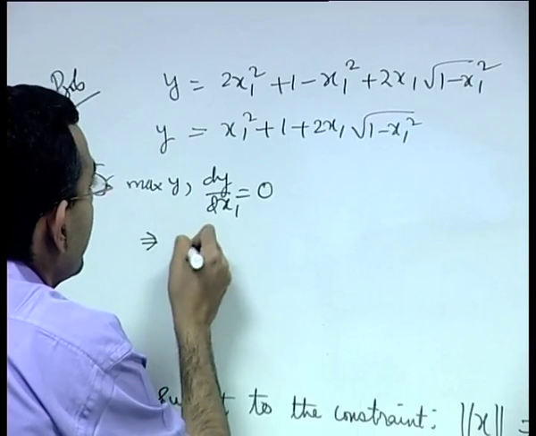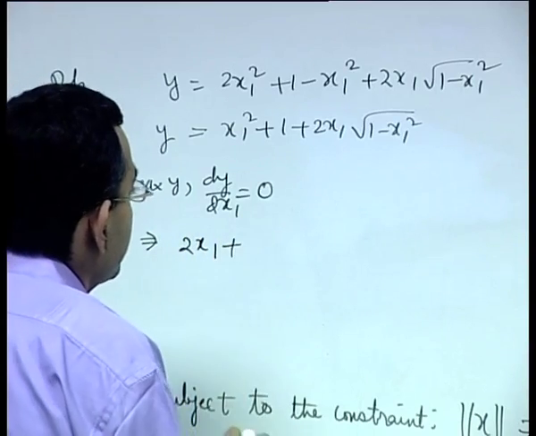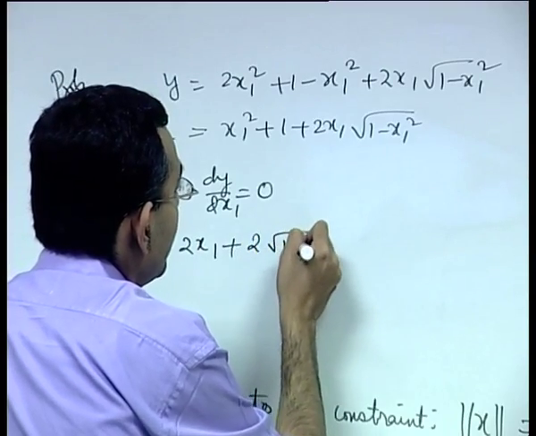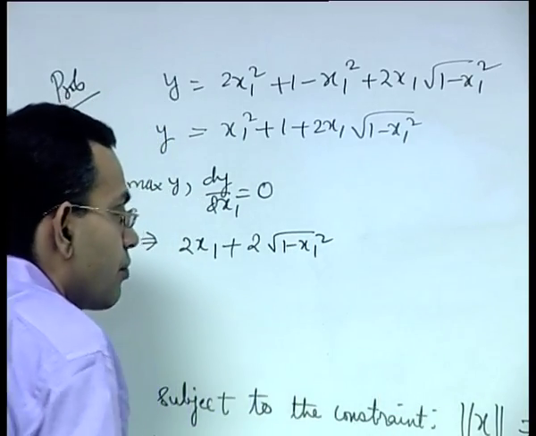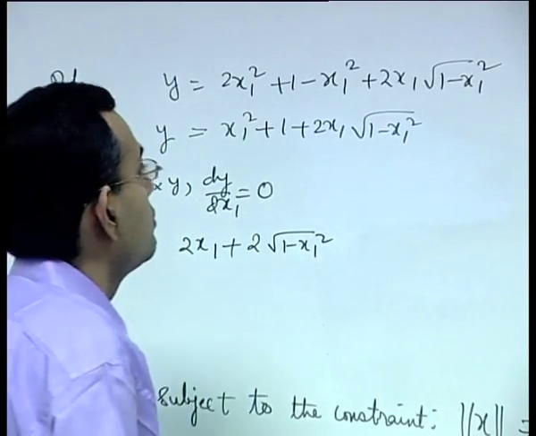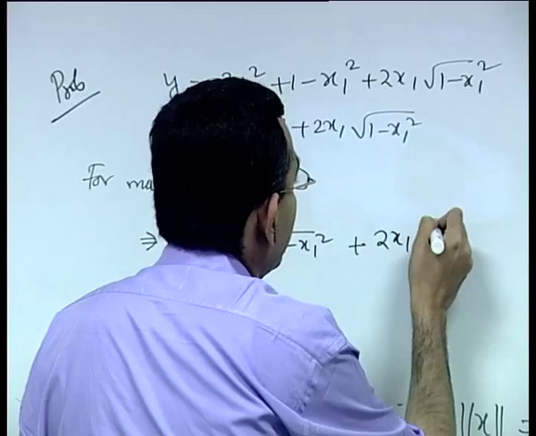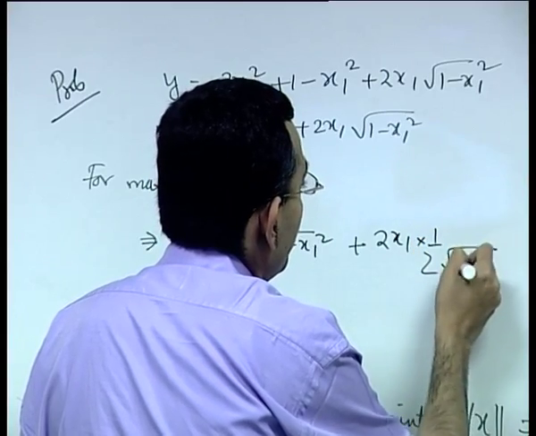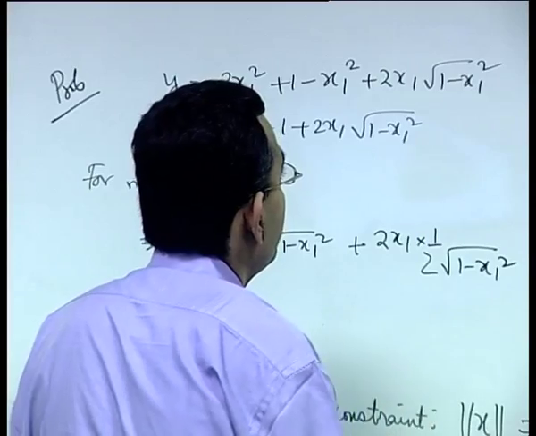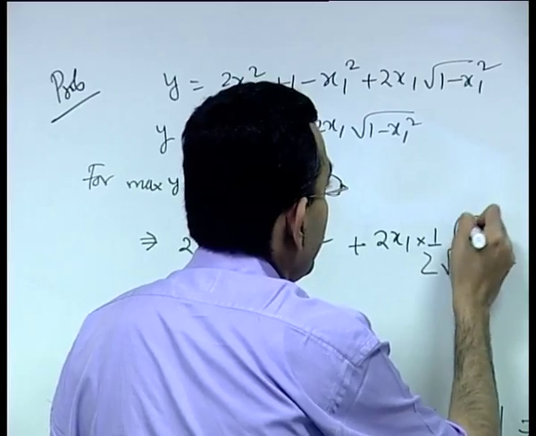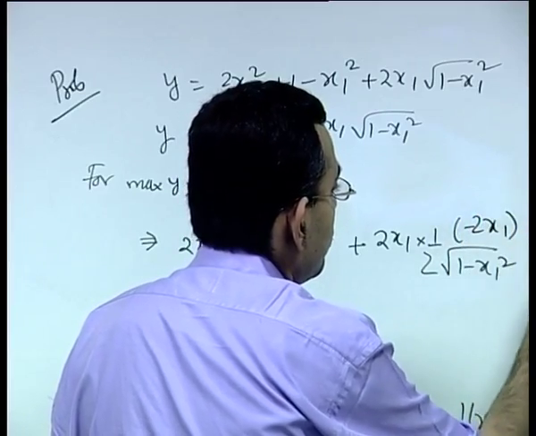That means 2 x1 plus 2 square root of 1 minus x1 square plus 2 x1 into 1 by 2 root 1 minus x1 square into minus 2 x1 equal to 0.